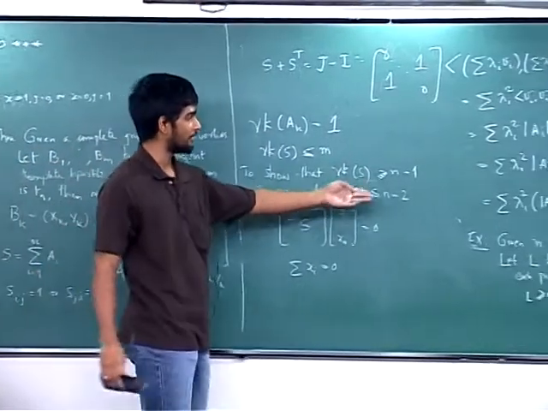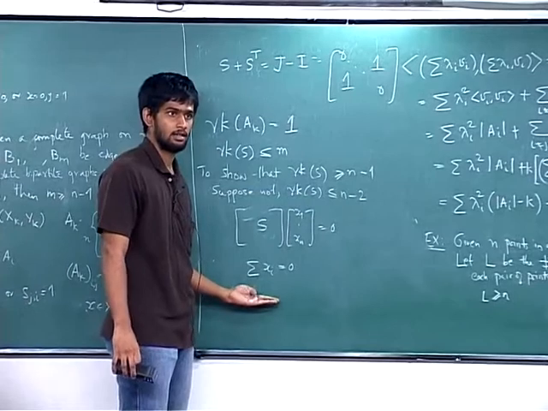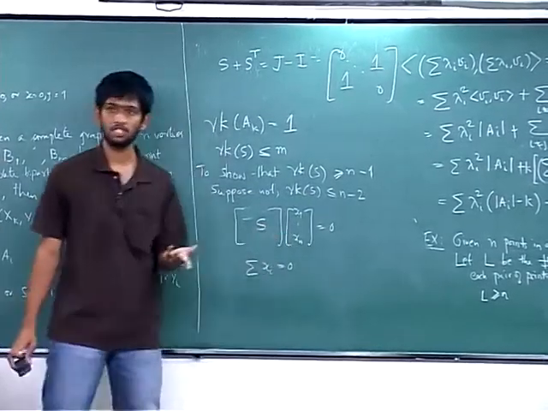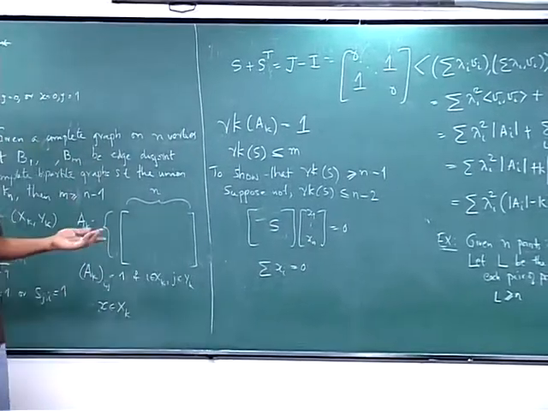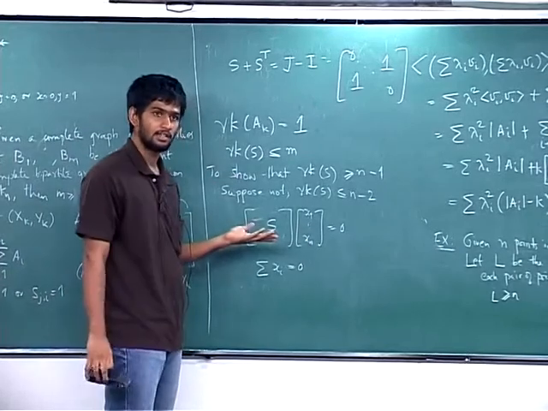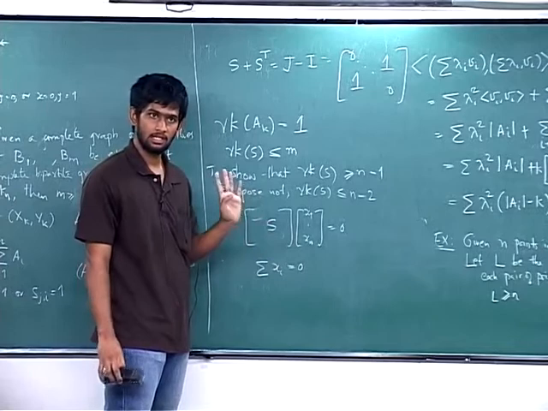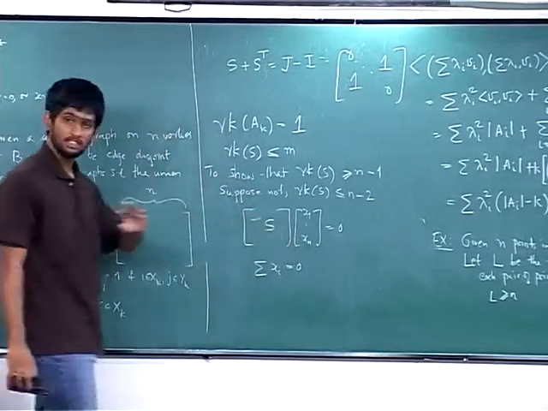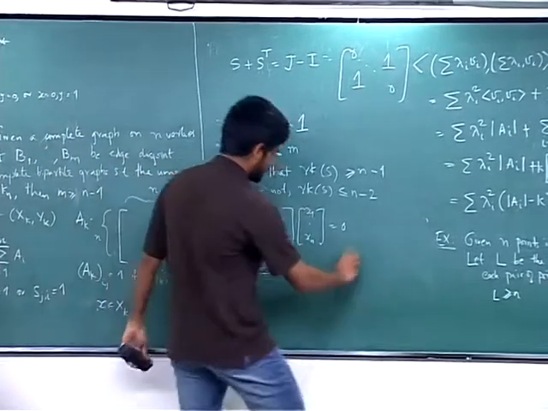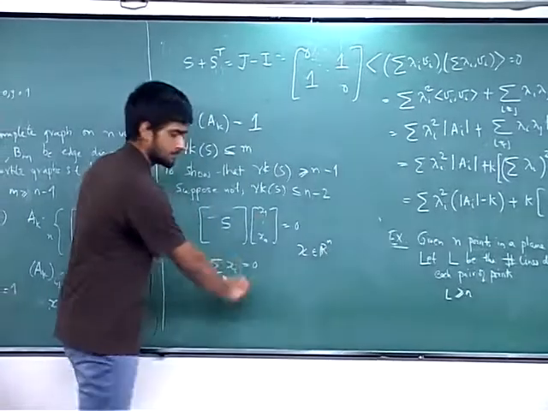If I assume that the rank of S is at most n minus 2, then there are at most n minus 1 linearly independent equations, right? So there are n variables and at most n minus 1 homogeneous linearly independent equations, so there is a non-trivial solution for this, right? That is, there is a solution which is not all 0. Pick such a solution. Let us pick an x in Rn, which is a solution for this system.